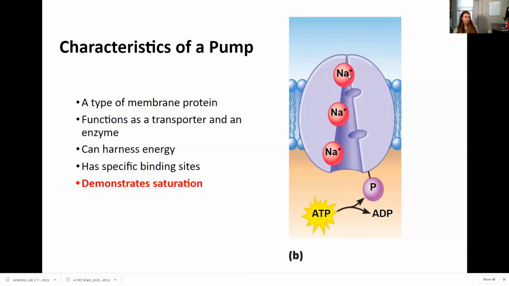So here we see one side of our sodium-potassium pump. What we see is sodium binding into the pump, and our sodium-potassium pump takes 3 sodium ions. So here we see that the sodium-potassium pump has 3 slots for sodium on the inside of the cell. It has 3 spots, so this means that at a certain point, it's going to demonstrate saturation. It's going to be full of sodium.